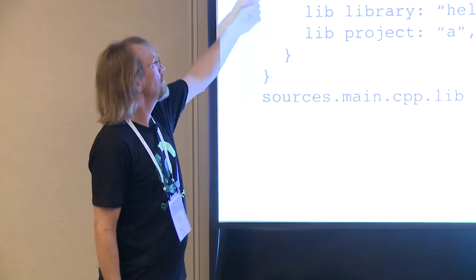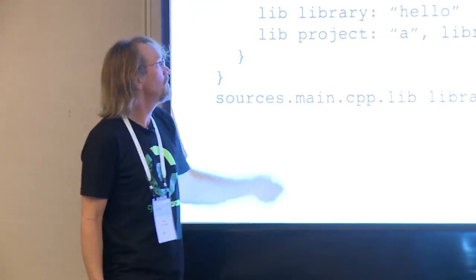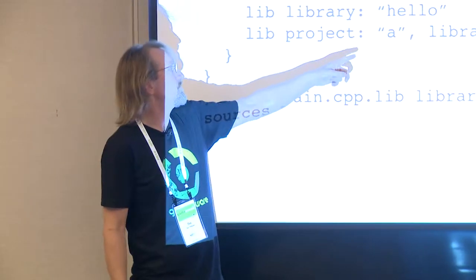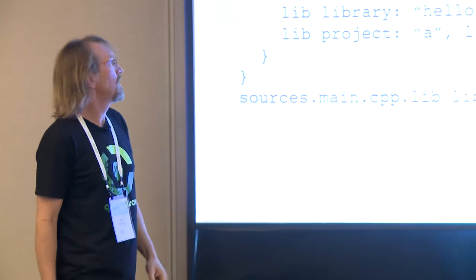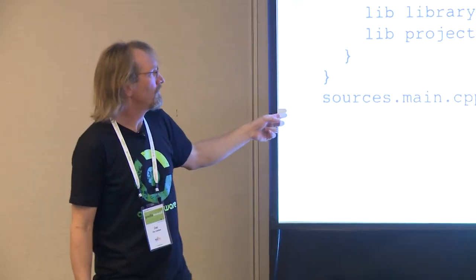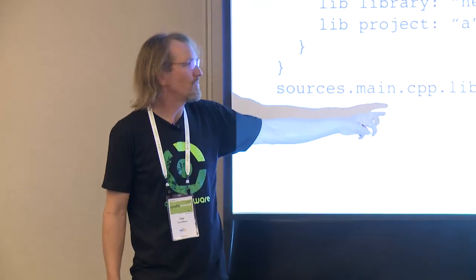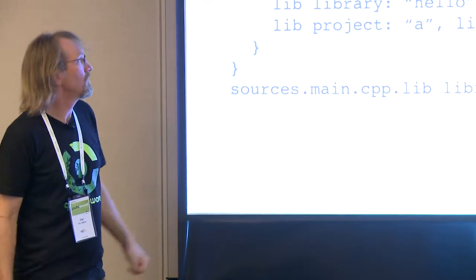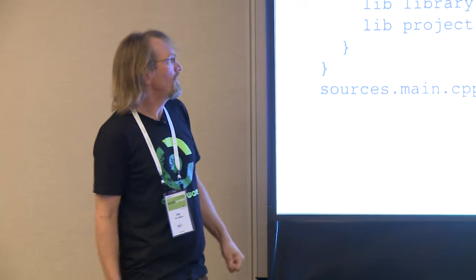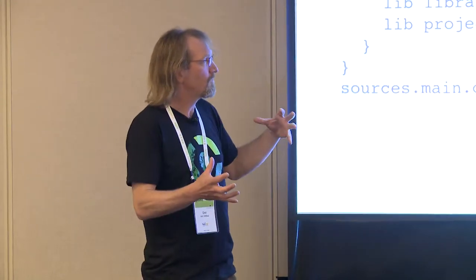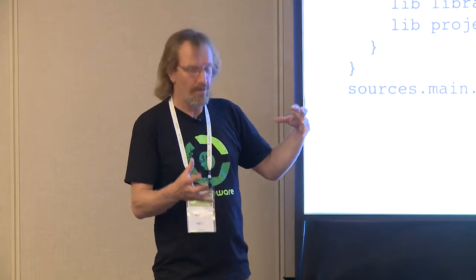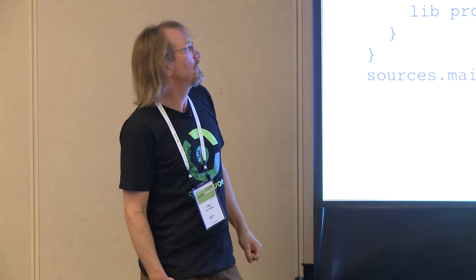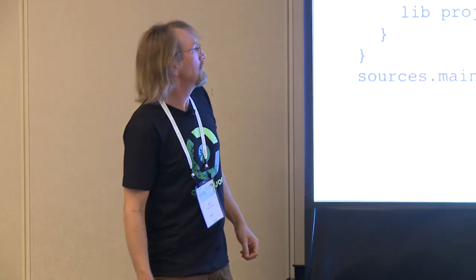We're just saying the main executable depends on a library named hello and depends on a library from project A named B. I mentioned before we also had a way of defining dependencies at the source level rather than at the component level. So by having the dependency management model matched to our actual software component model, it gives us a much richer, more expressive way of stating these things.